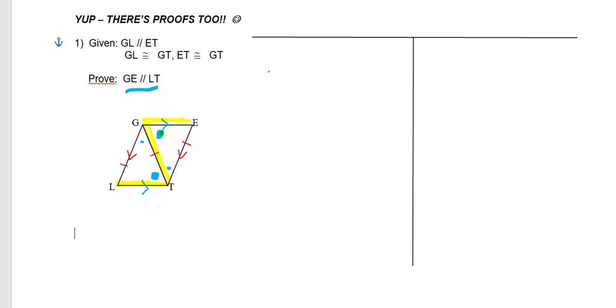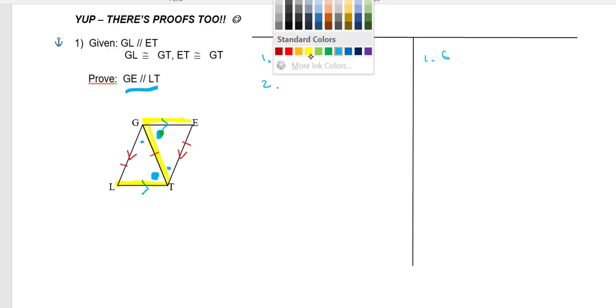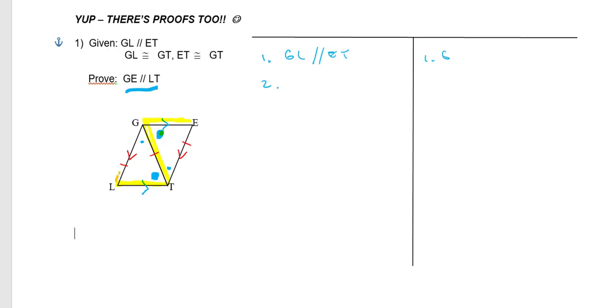So if I start out with GL parallel to ET, then I know that because of alternate interior angles, and we'll show that the alternate interior angles are going to be right here, I know that angle LGT is going to be congruent to angle ETG.